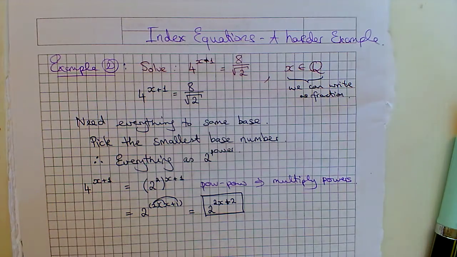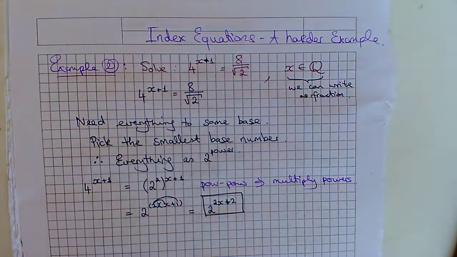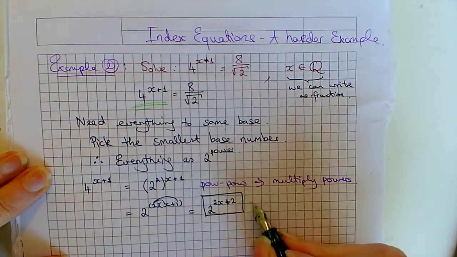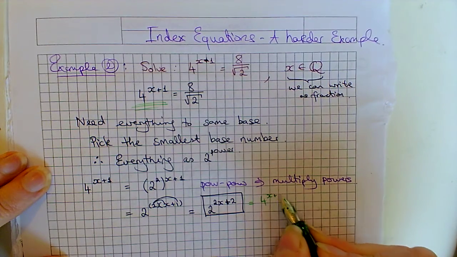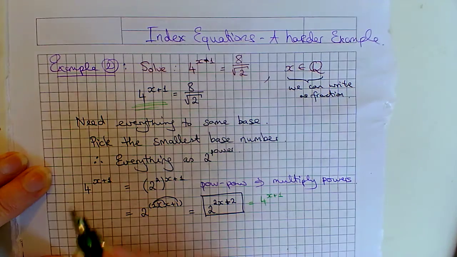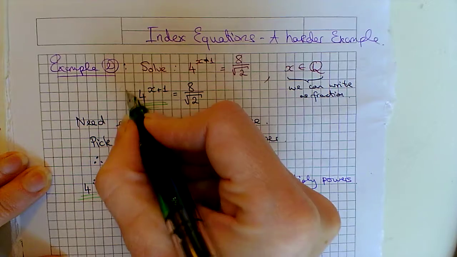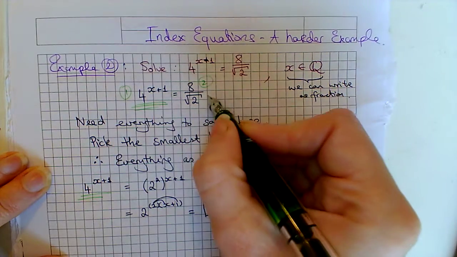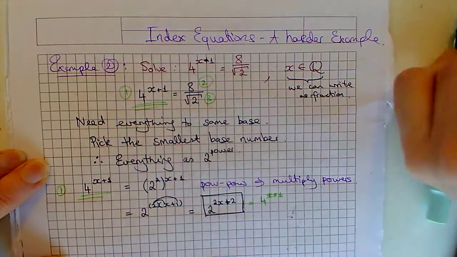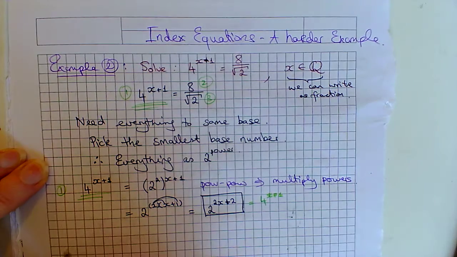So this here is the same as this side of my equation. This is 4 to the power of x plus 1. That's what we're going to be replacing later. Okay, there's 3 things I need to do. 1, 2, 3. The next thing is the 8.